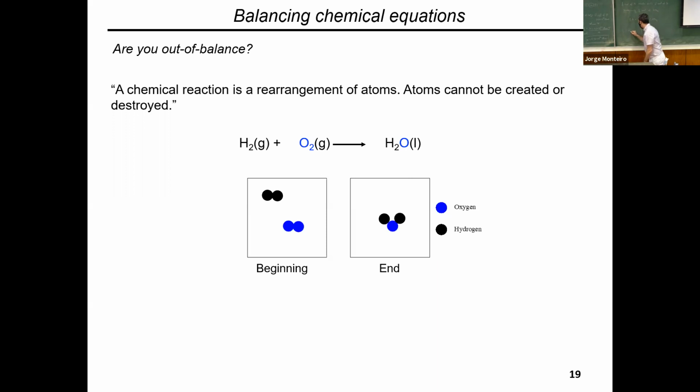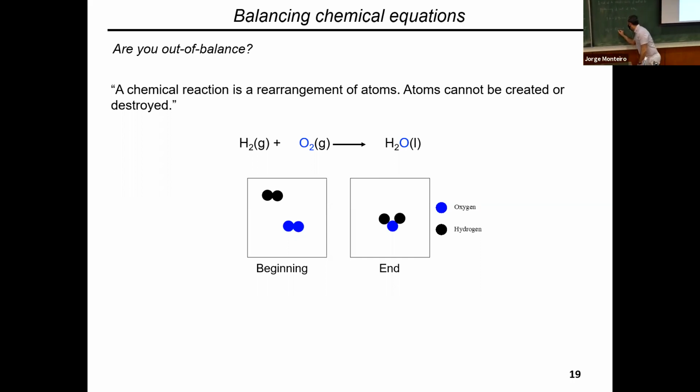So let's write the equation. Okay, so attention here, those numbers cannot be changed. So we are not going to mess up with them, but we can multiply each reagent or each product in order to achieve the balance.